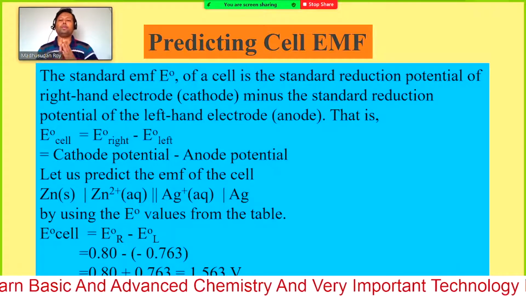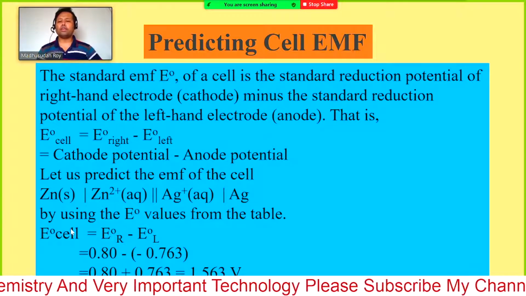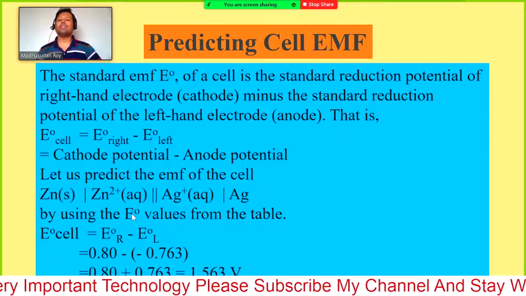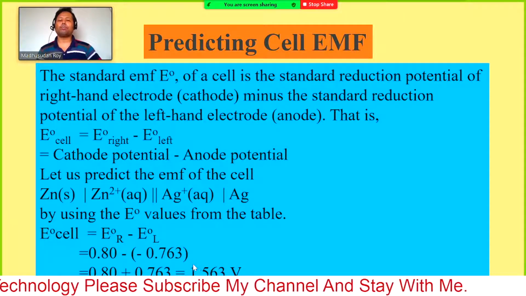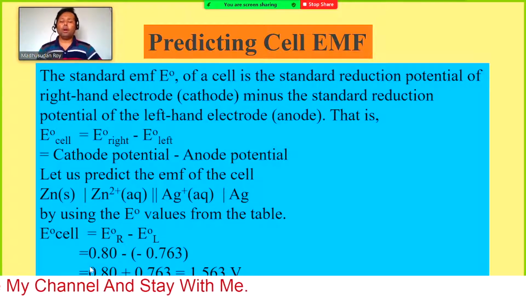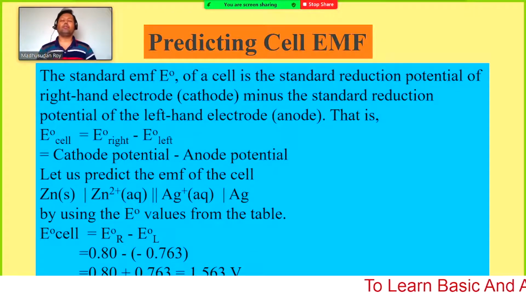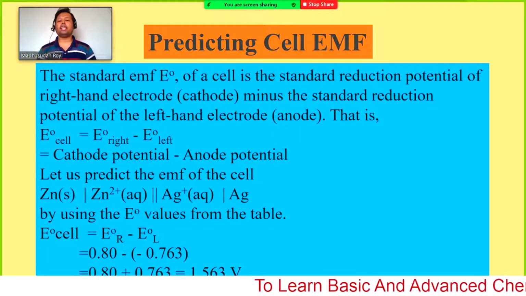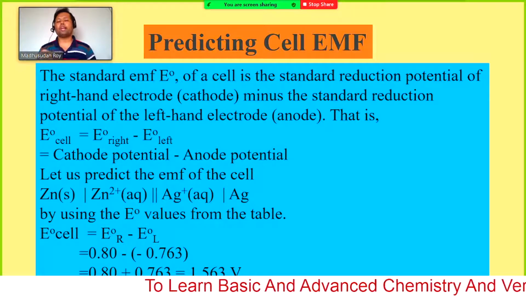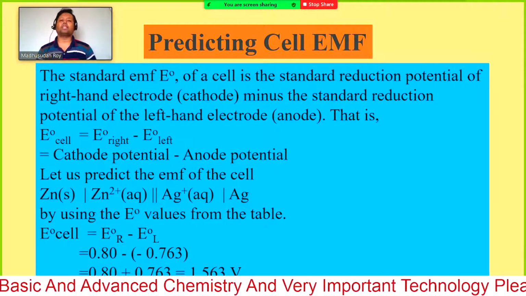So if you have a galvanic cell made of these types of electrode and electrolyte, you will get a potential difference of around 1.56 volt, or approximately 1.5 volt. By this way we can easily predict the cell EMF depending on what types of electrodes and electrolytes are used in the preparation of the cell.